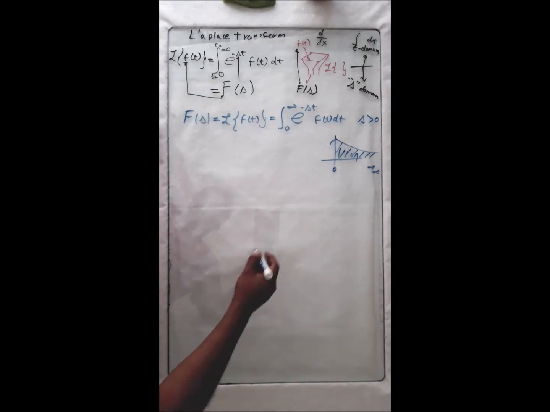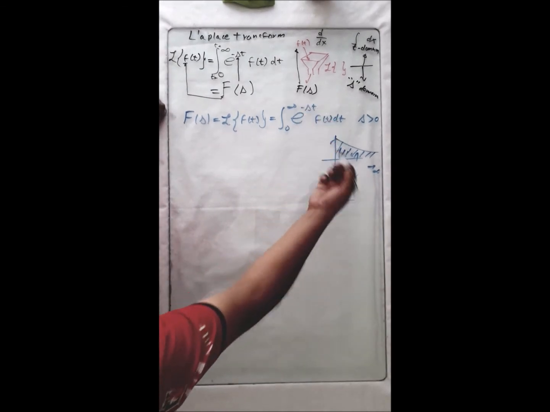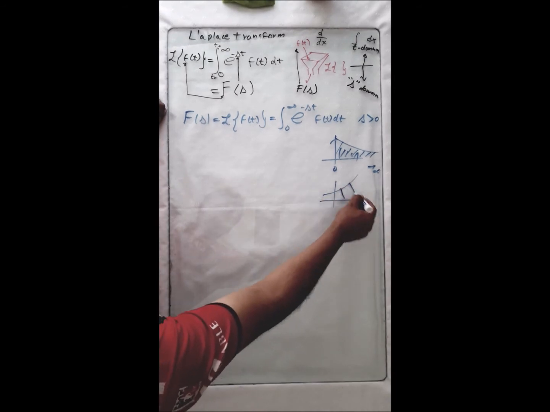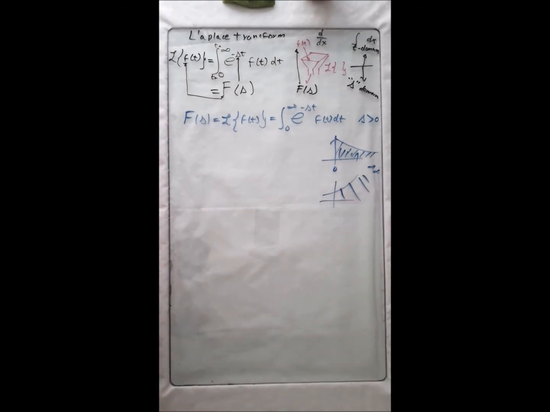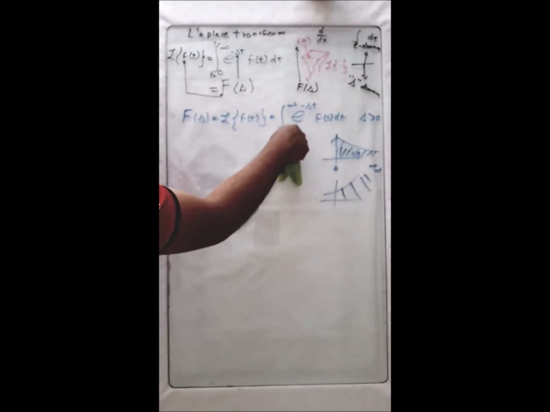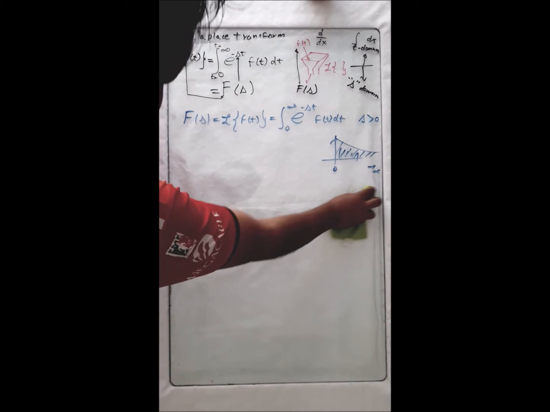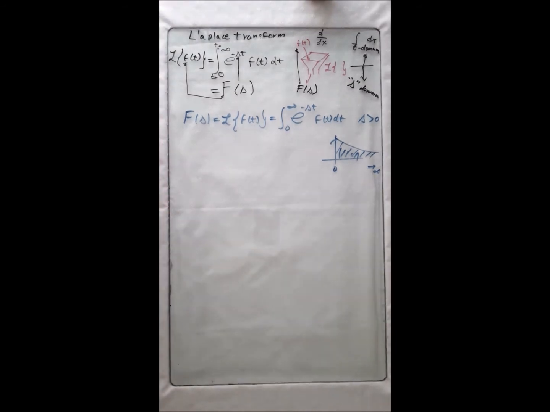Now, what happens if the exponent is positive? Then the area becomes infinite, so we cannot calculate that. So we are going to request this number s to be such that the exponential has a negative power. So we have a defined area.